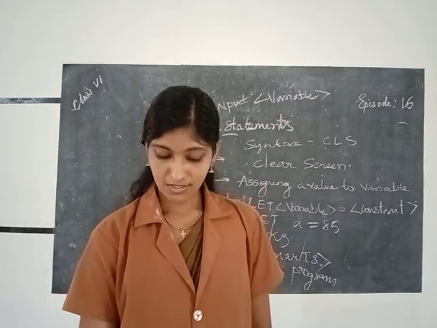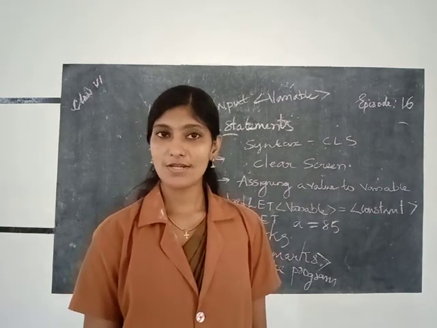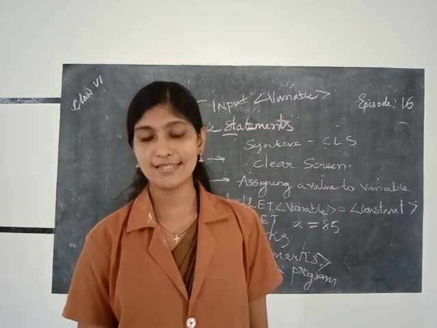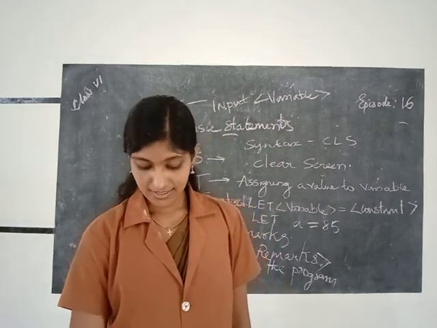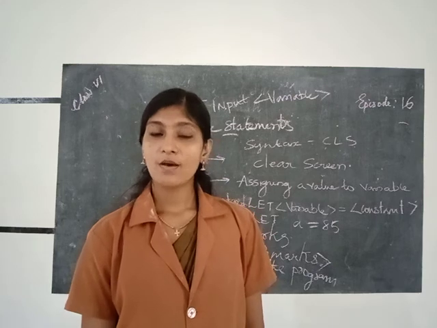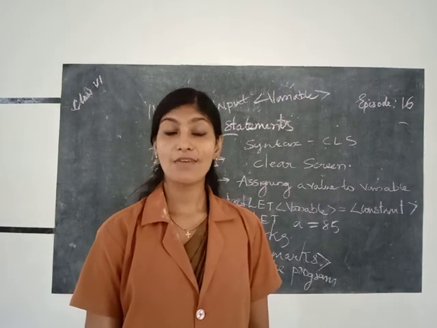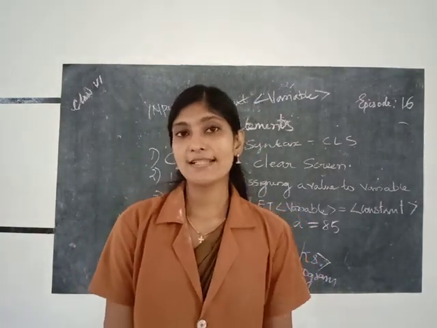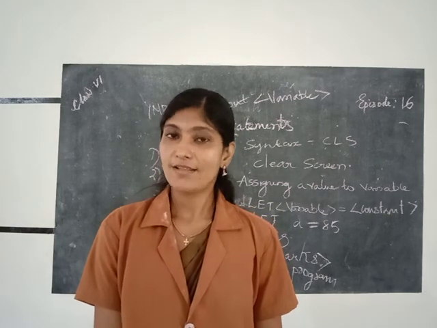The next is revision of a few BASIC programs. So there are some commands. First one, CLS. It indicates clear screen. The syntax is CLS. Then second one, LET. If we want to assign a value to a variable, you can use LET, and the syntax is LET, then write the variable name, equal to, and the value.